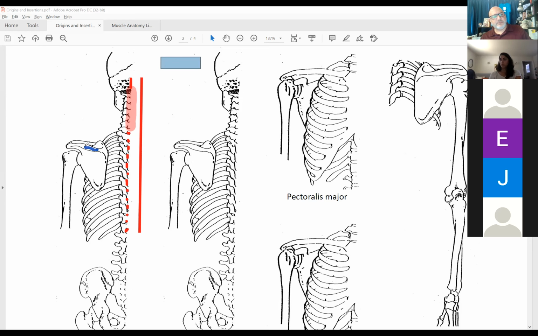So along the spine, out to the acromion, which of course, as we know, are posterior bone features. But notice also, it actually comes a little bit onto the clavicle, the lateral third of the clavicle. So some of the fascicles actually do insert onto the anterior side of the body, over here onto the front of our clavicle.